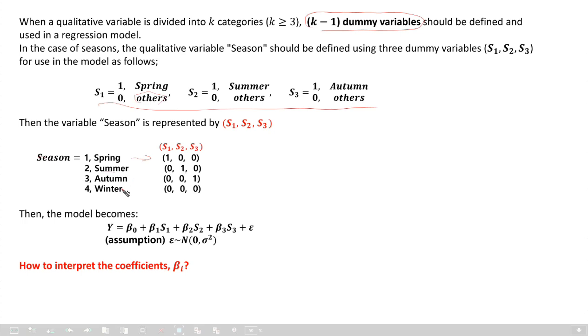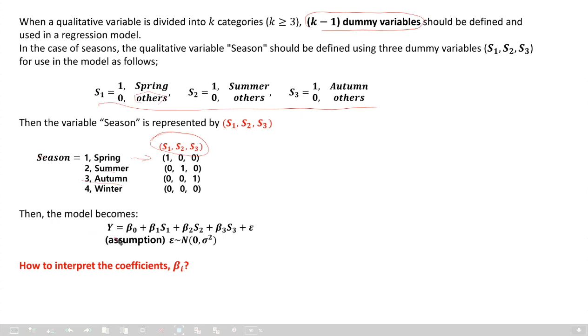Get it? Autumn, S1 value 0, S2 0, S3 1. Winter, 0, 0, 0.